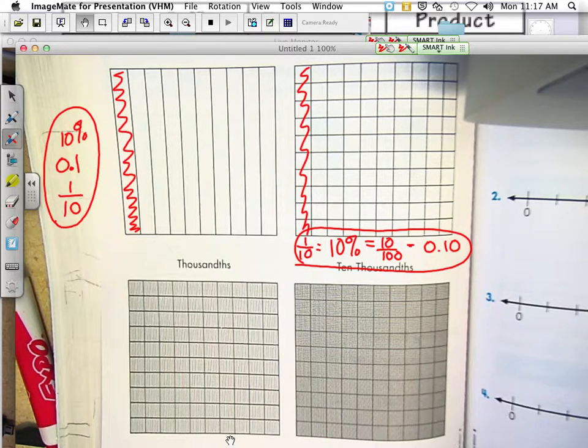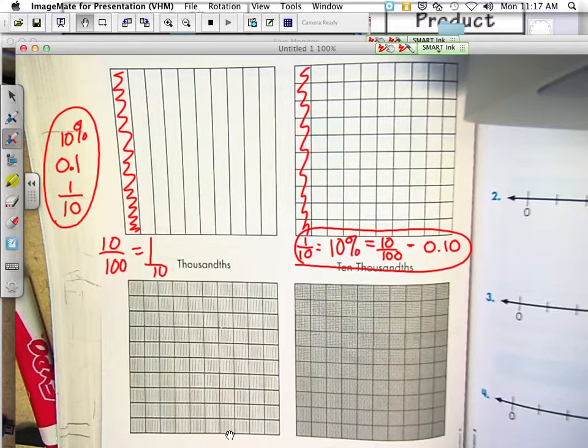Elise? 10. So what we're saying is it takes 10 hundredths, 10 of these squares, to equal 1 of these big squares, right? So 10 hundredths is equal to 1/10.